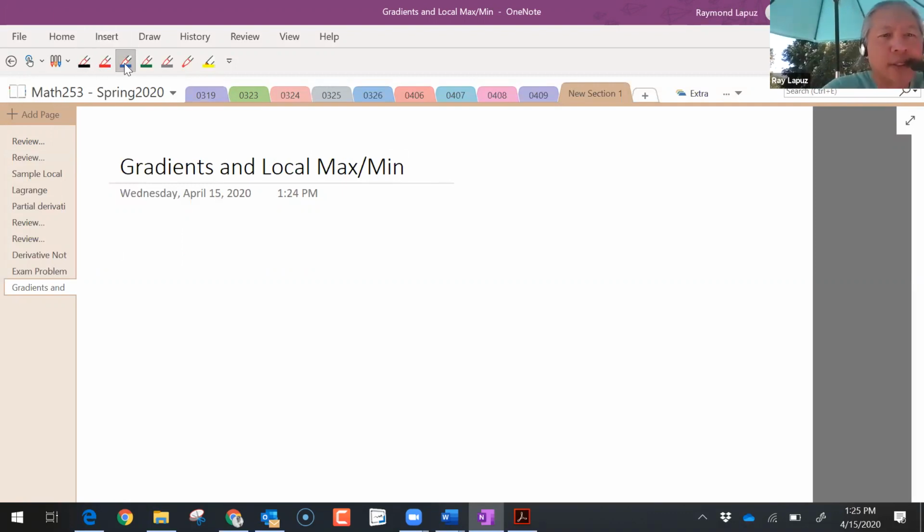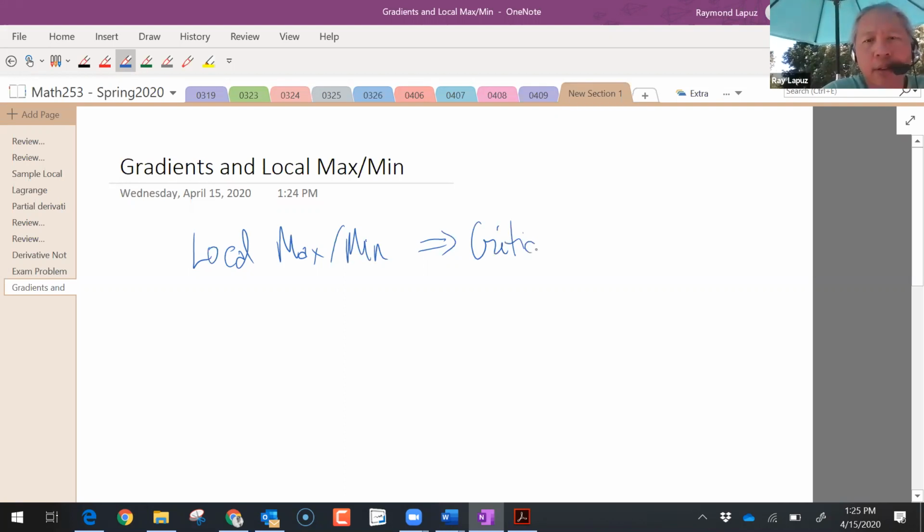So local max or min means that something's a critical point. And a critical point means that fx equals 0 and fy equals 0.